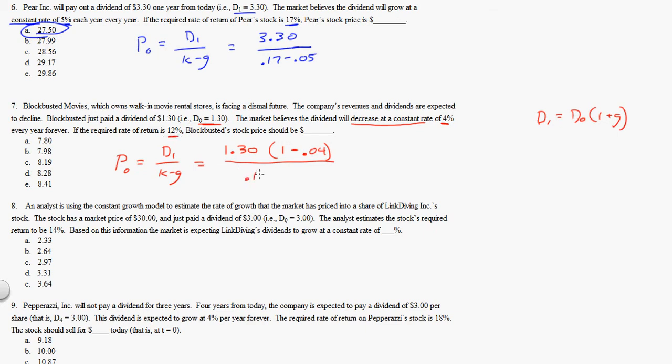K is 12, so K minus G, but G is negative, so plus 0.04. And that gives us $7.80.